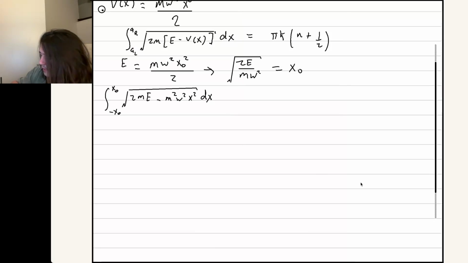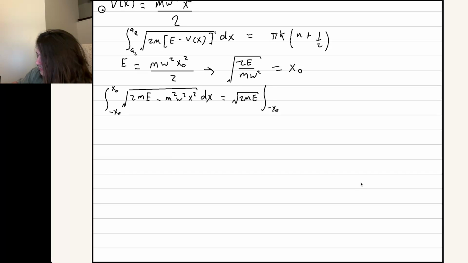And I'm going to factor out a factor of 2mE. So we're going to get, actually, on the outside, square root of 2mE. And then in the integral, it's minus x naught to x naught of 1 minus m omega squared x squared over 2.